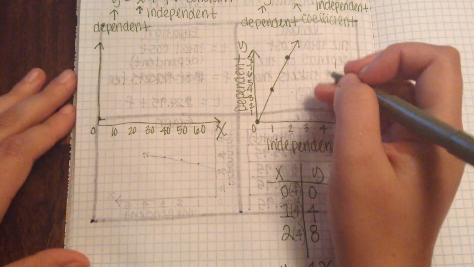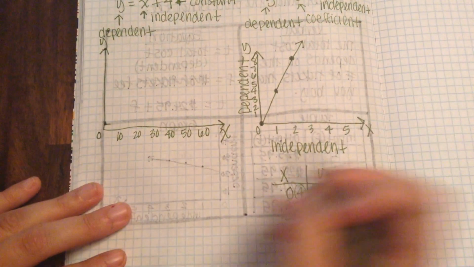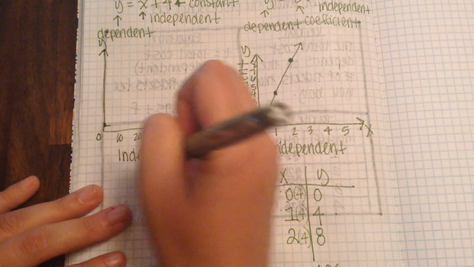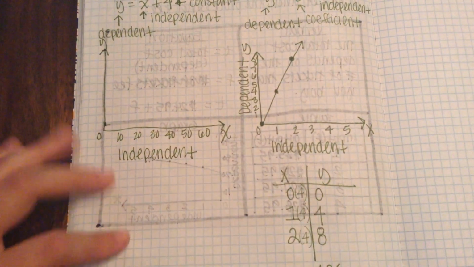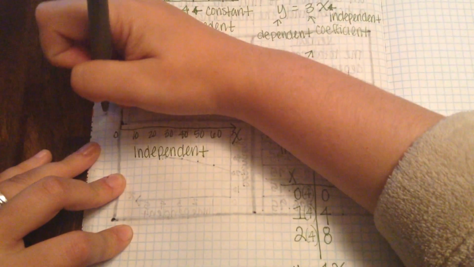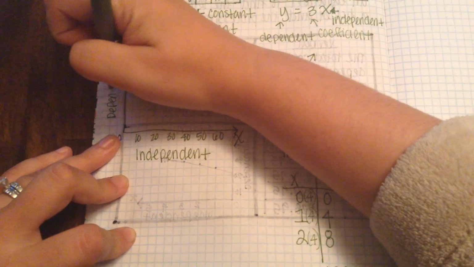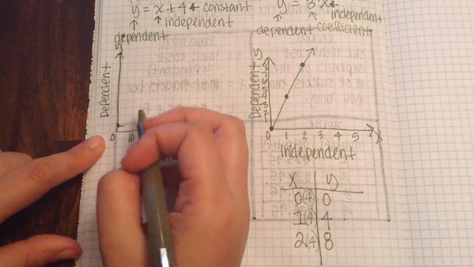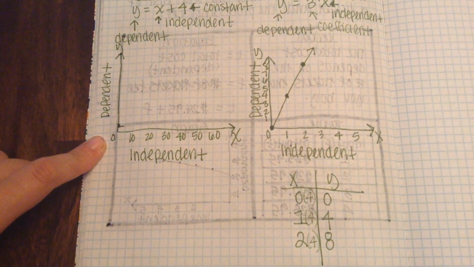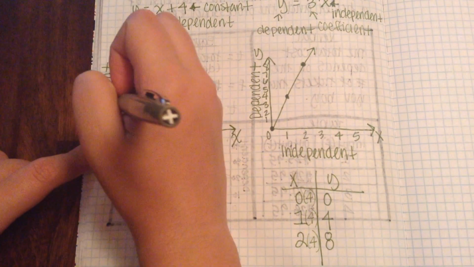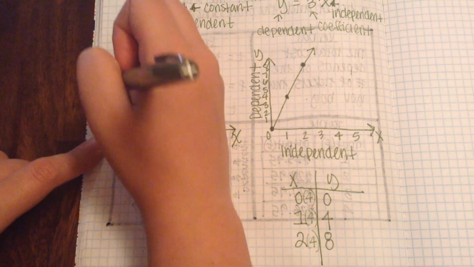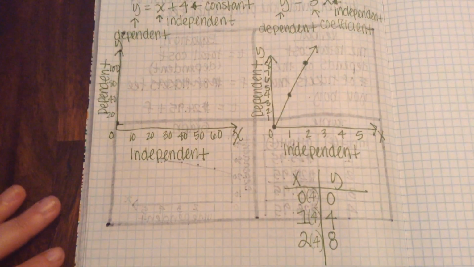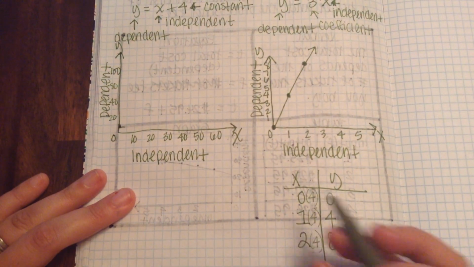And this is x. This is y. Okay? And again, this is our independent. And this is our dependent. Okay? And over here, I'm going to be going by 20s. 20, 40, 80, 100.